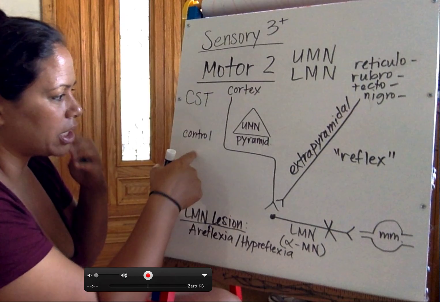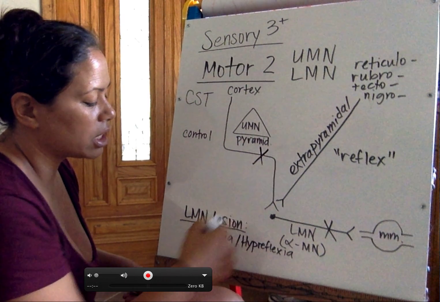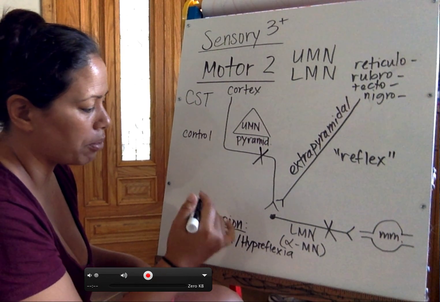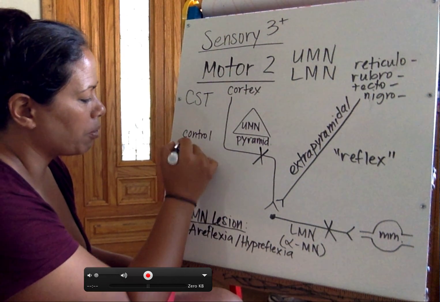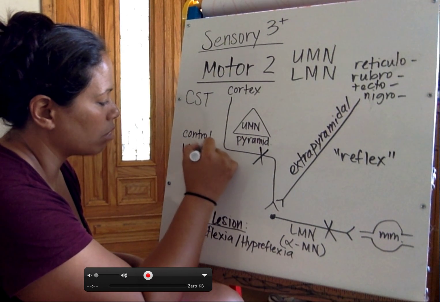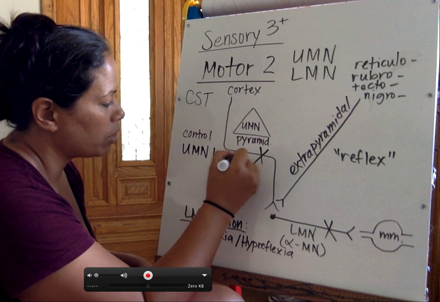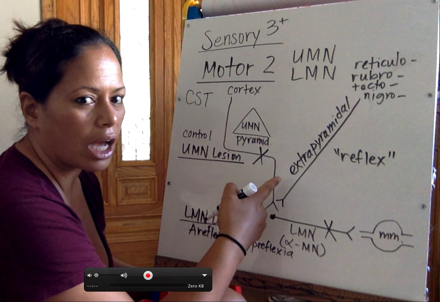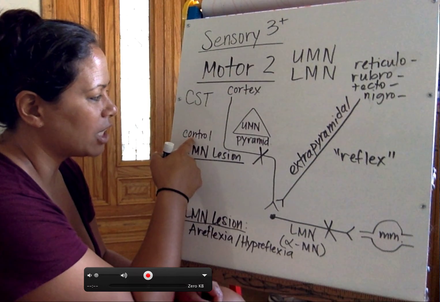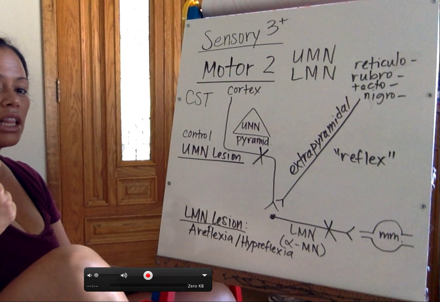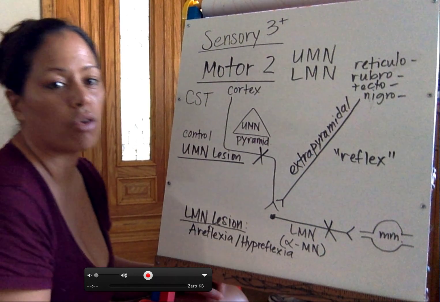And let's go back to this one. This is not all three, we're going to go over three, but I want to take you back to damaging an upper motor neuron. If I damage an upper motor neuron and leave the lower motor neuron intact, then what are some signs that I'm going to have? Well, I can base it on the fact that I have a pathway. If I can't control it, are my reflexes going to be more pronounced, less pronounced, or normal?